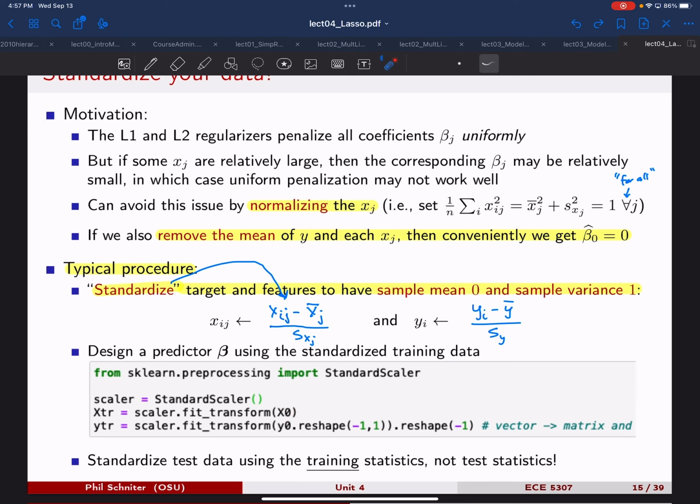So what we do with this .reshape(-1, 1), this is essentially a shortcut that says, think of this vector as a matrix with 1 column. So you're reshaping it such that the last dimension, the -1 means last in Python, the second dimension equals 1.